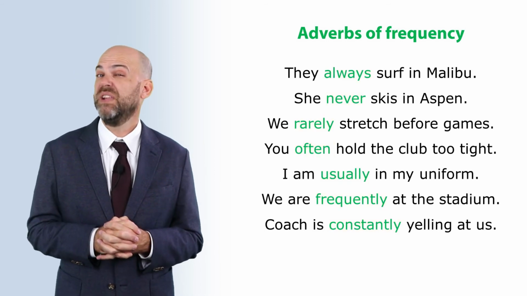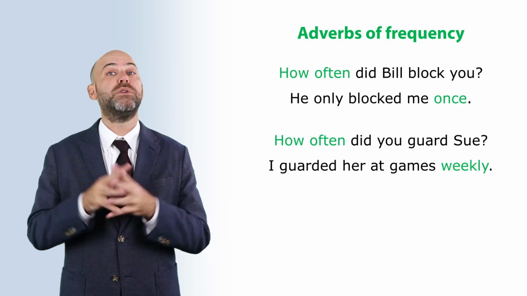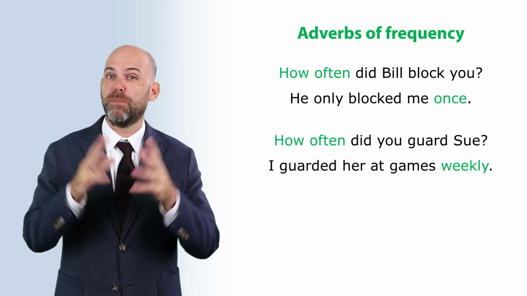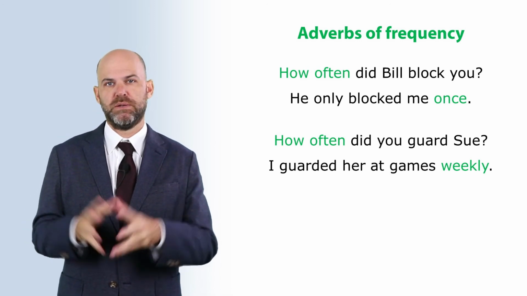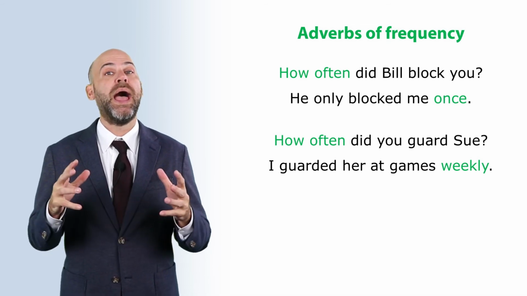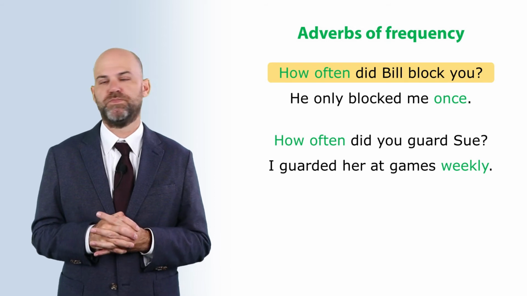All right, let's try some questions and answers. We use the question word how with the adverb often to ask about frequency. Repeat after me. How often did Bill block you?